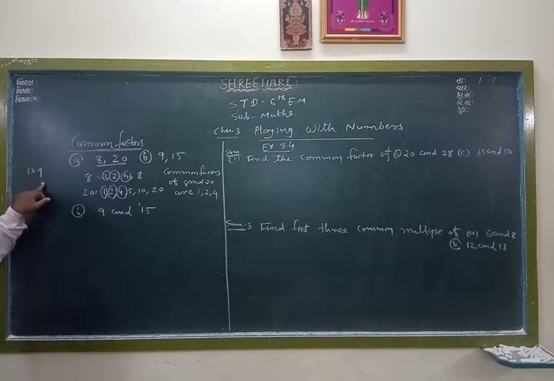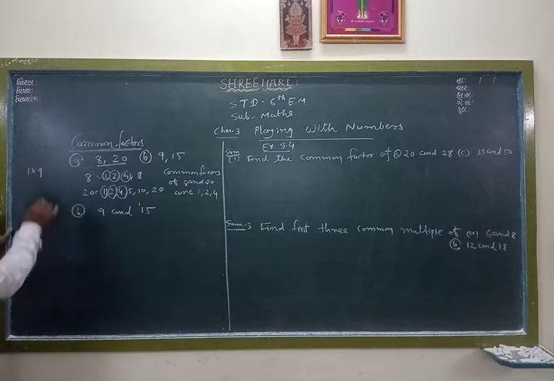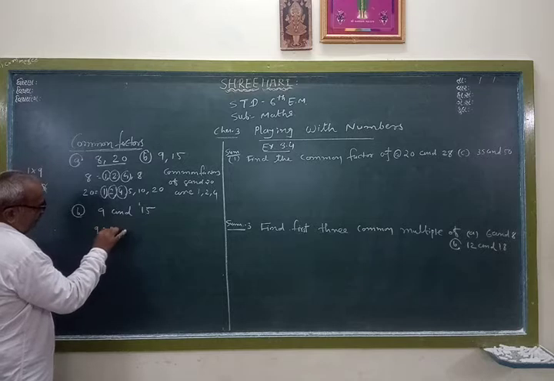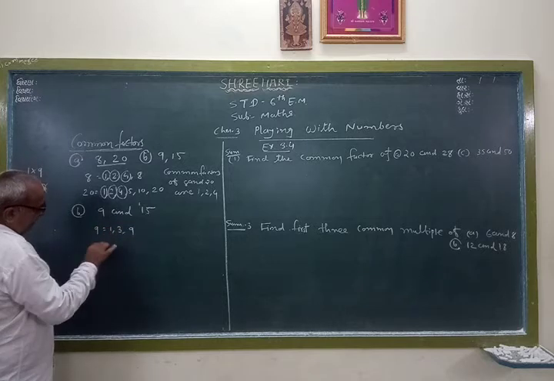We can't divide 9 by 2 because we know the divisibility test of 2: if any number has last digit 2, 4, 6, 8 or 0. But here it is 9, so we can't divide it by 2. Then 3, 3 3 is 9. Here 3 is repeated, so we count it only one time. The factors of 9 are 1, 3 and 9.